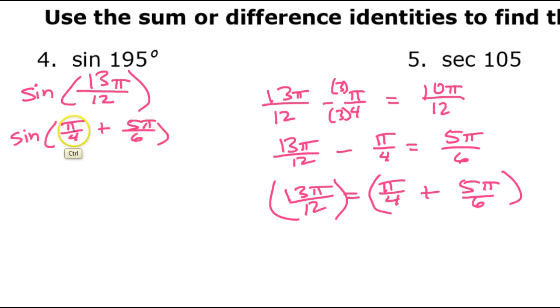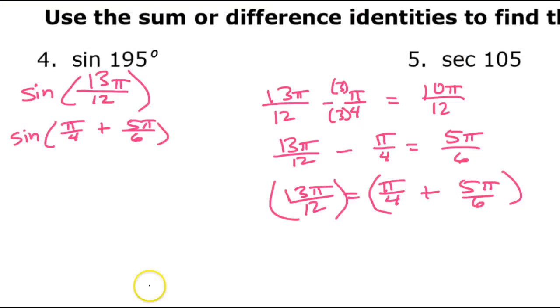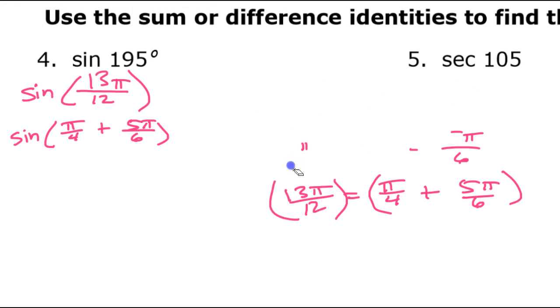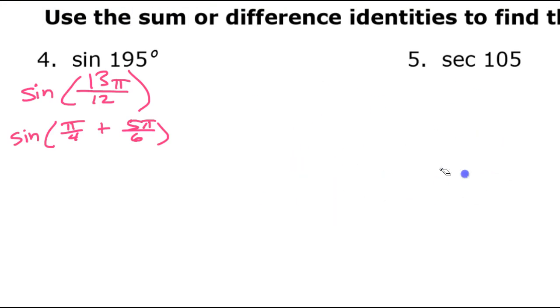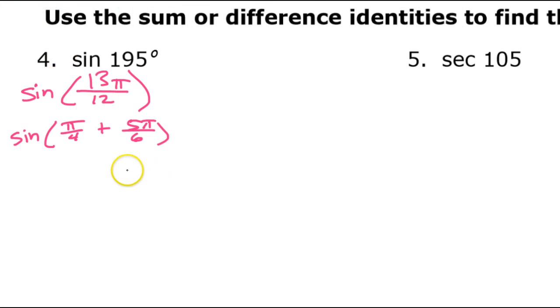Okay, obviously I have the pi over 4, but even 5 pi over 6, what matters is that the reference angle is pi over 6. So I'm all loaded up with special angles now. All right, so let me just erase this in case I need the space. So now I'm going to use my formula, my identity for the sine of something plus something.